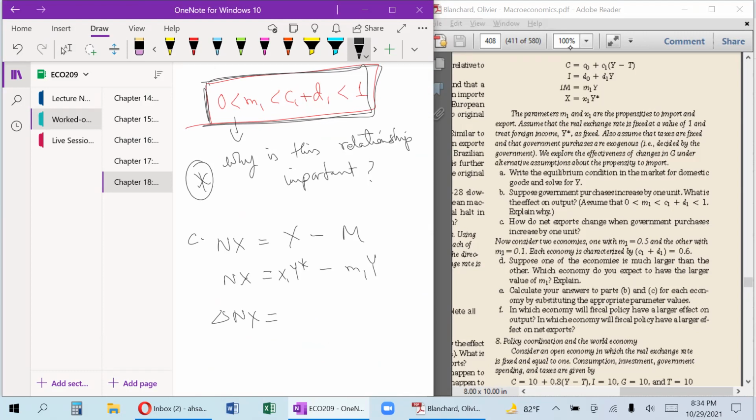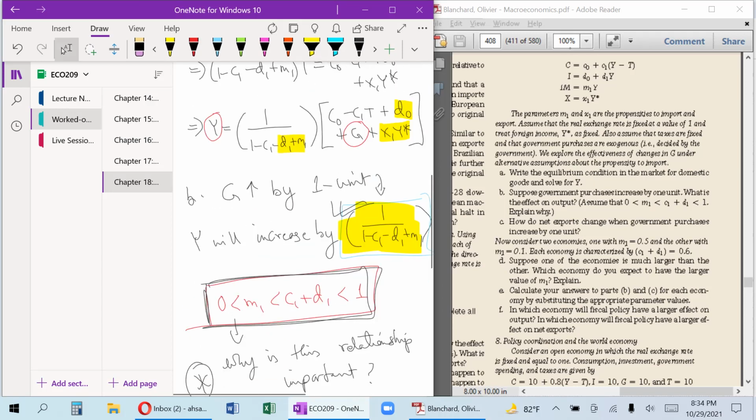Is any of this changing? X1 will not change, y star will not change. That's good. M1 will not change, but what we do know is that Y will change. And by how much will Y change? Well, by this much. That was the answer to part B.